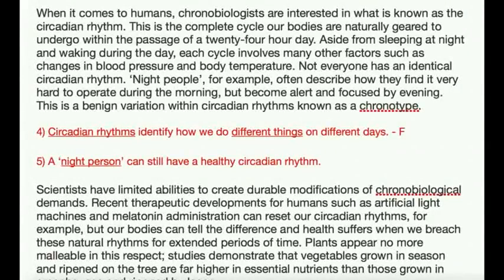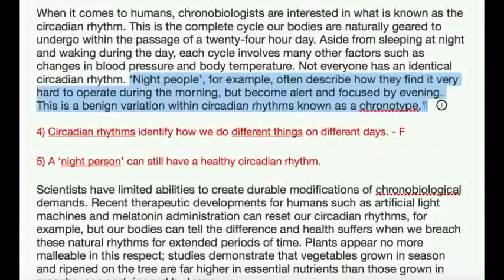Now we'll look at statement 5. A night person can still have a healthy circadian rhythm. Now we can see this is where we need to look for answering the question, so we need to read this carefully to find out if this part of the text contradicts the statement, supports it, or it's not given. Night people, for example, often describe how they find it very hard to operate during the morning, but become alert and focused by the evening.